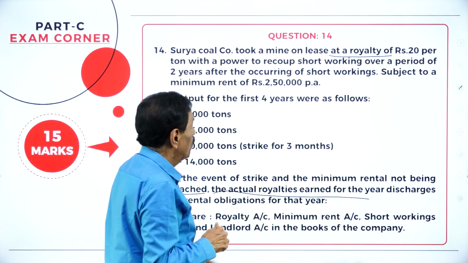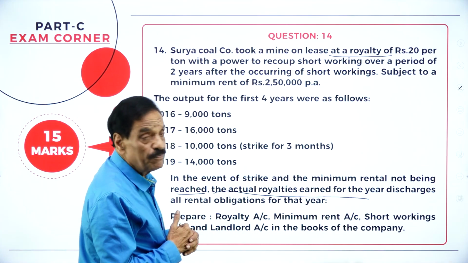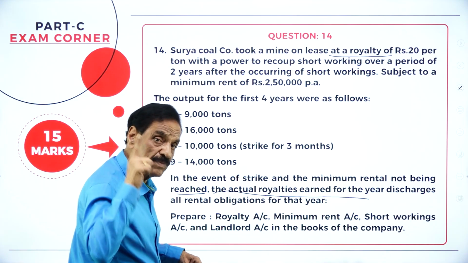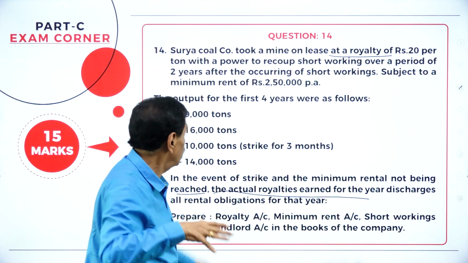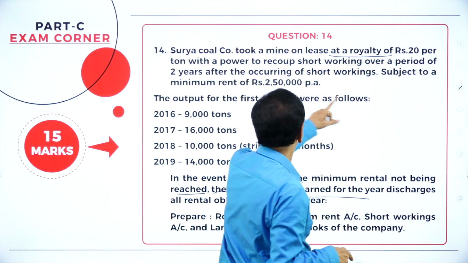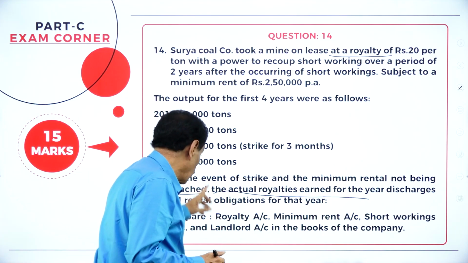Okay. Here, what is per ton? 20 rupees. But if any shortage comes, this should be recovered within how many years? 2 years, accounting short working, subject to a minimum. Go with this then. So the output for the 4 years.